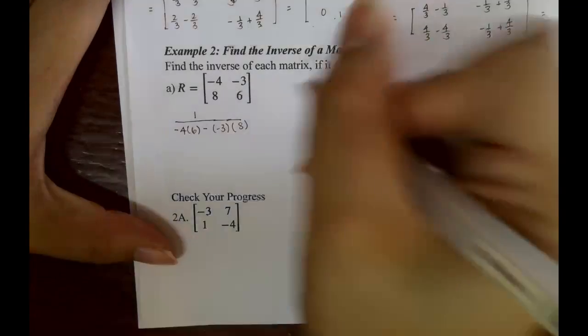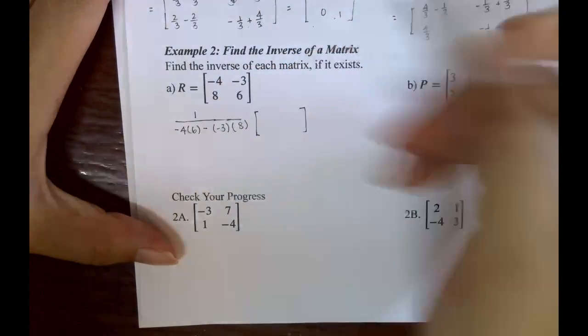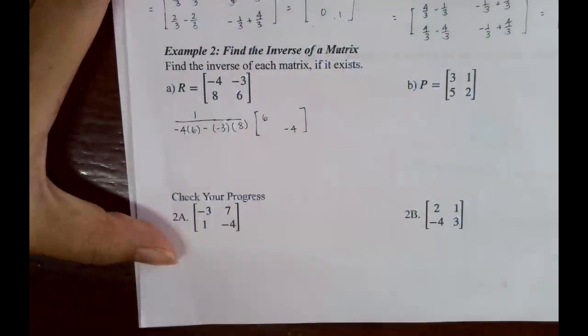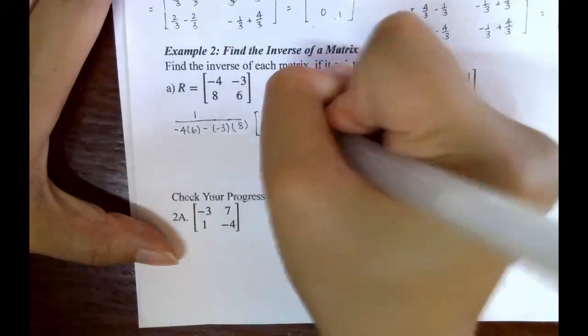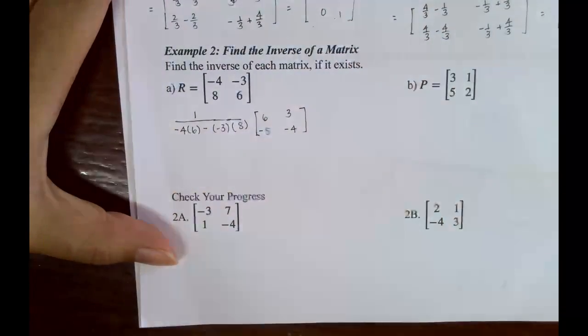Then what we're going to do is switch A and D's places. So 6 is going to be here now, and negative 4 is here. And then B and C are going to change signs. So negative 3 turns into a positive 3, and this positive 8 now turns into a negative 8.